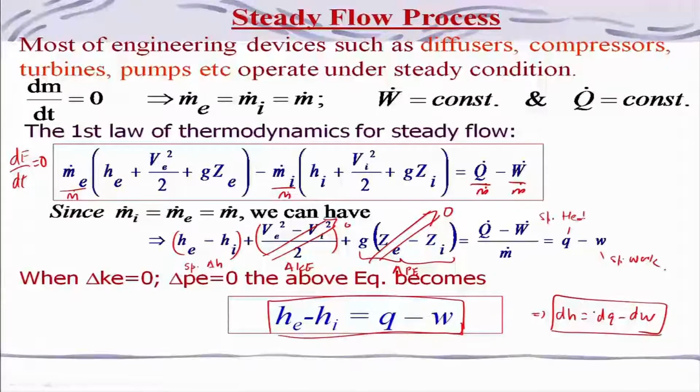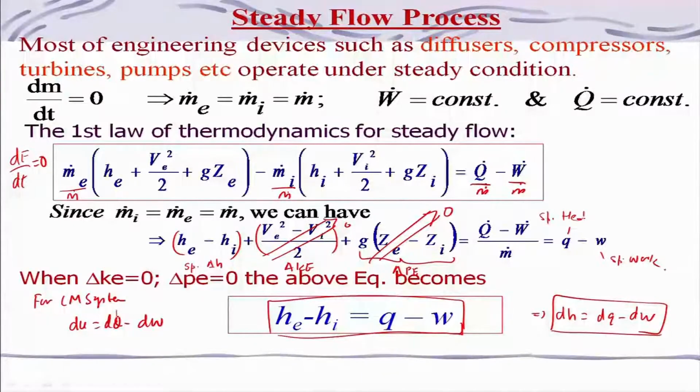This equation is similar to that, right? But the first law of thermodynamics for a control mass system, what is that? That is du is equal to dq minus dw. It is almost similar, right?